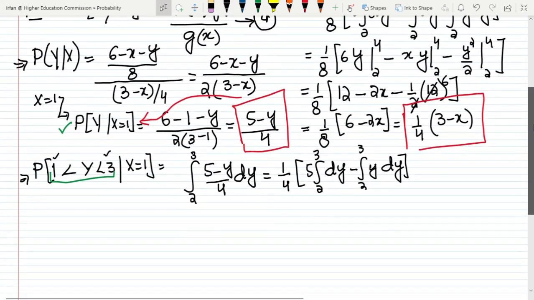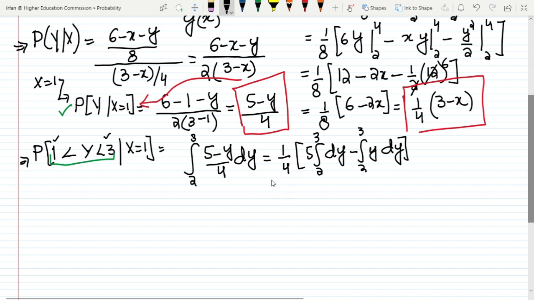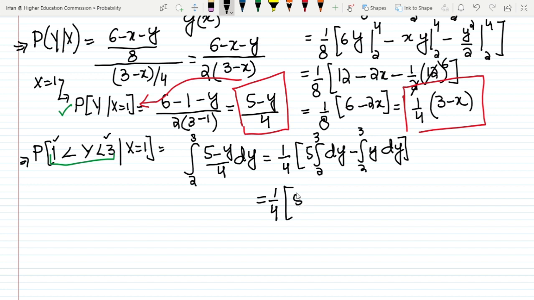Let me move down, and solving it I will get 1 by 4 times, 3 minus 2 is 1, because here I will get y, so 3 minus 2 is 1, times 5. Also here this is y square divided by 2, evaluated from 2 to 3. This was y here, that's why I have solved it very easily.